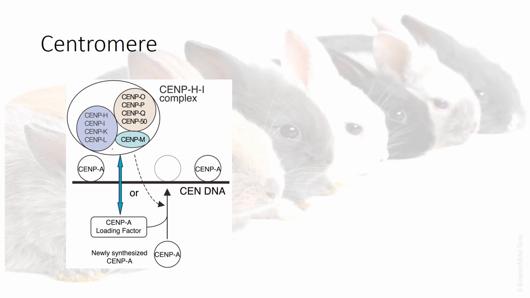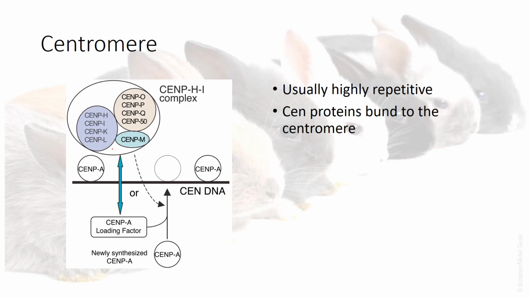Now, these proteins recognize a very specific region on the chromosome, and it's not just that they're looking for the halfway point, they're looking for a very specific sequence. And so in these centromeres, we find highly repetitive sequences that these proteins are looking for to determine where the centromere is. And these proteins, we call CENP proteins, centromeric proteins.